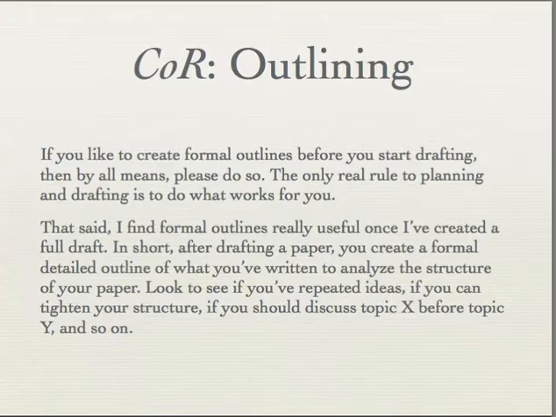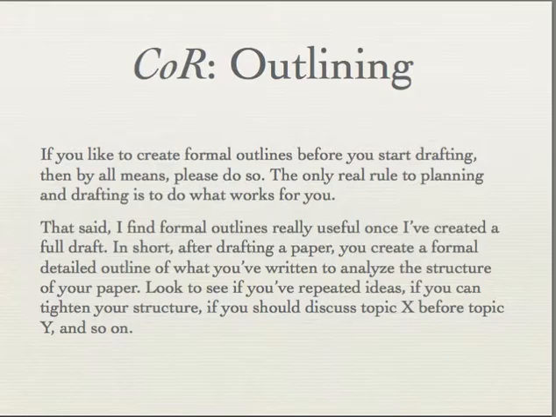So you have this formal outline that gives you a visual representation of how you've developed your argument, broken down, so you can analyze it from the largest macro structural scale, all the way down to the sentence by sentence development of each individual paragraph. And you can use that formal outline to examine how you've structured your paper.